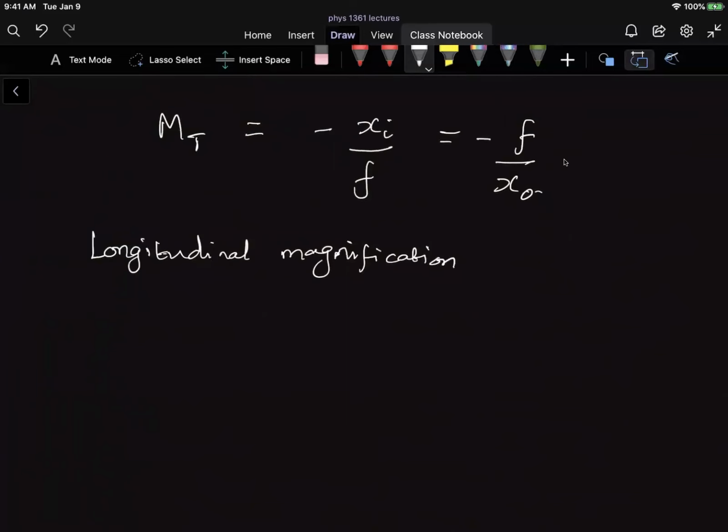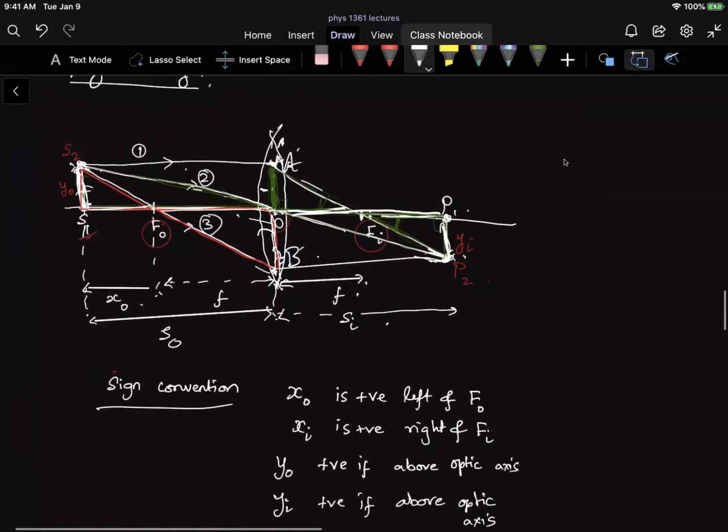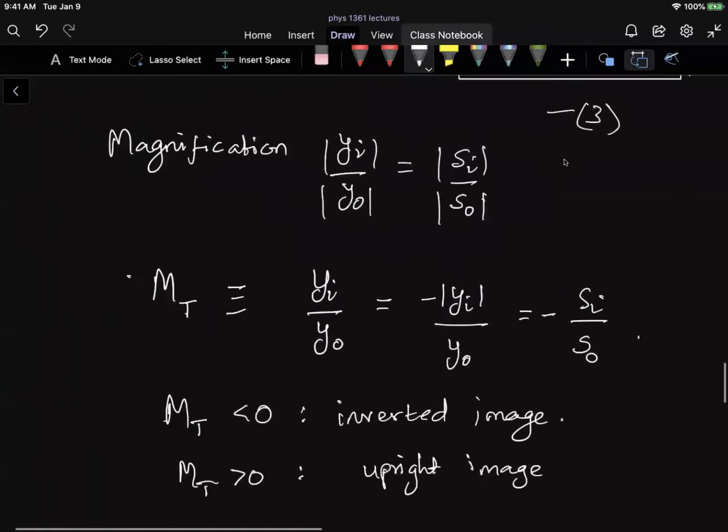Well, for that, what we need is the so-called longitudinal magnification, which says how much does Xo, the variation of the position of the object along the optical axis relative to the focal plane, change. Xi will be similarly the variation of the image point on the optical axis with respect to the focal plane.